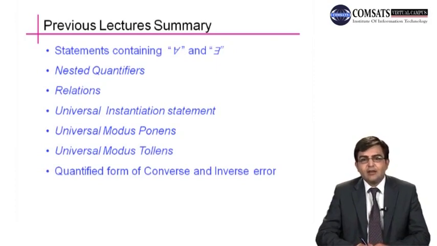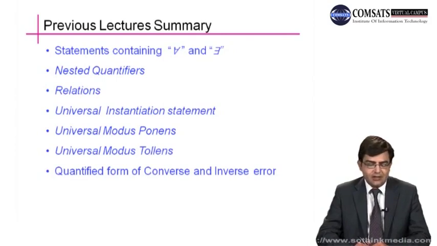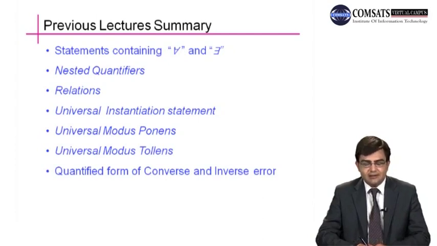We shall see the applications of universal and existential quantifiers in the next topics. For example, in number theory and the method of proofs, we shall also use the universal modus ponens and universal modus tollens, and we shall frequently use these universal and existential quantifiers.